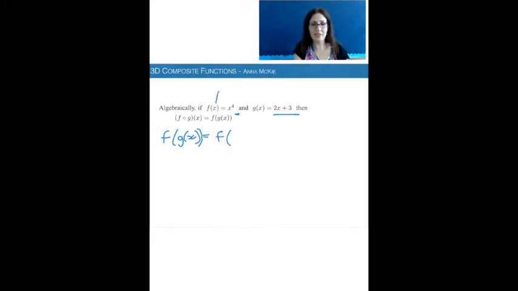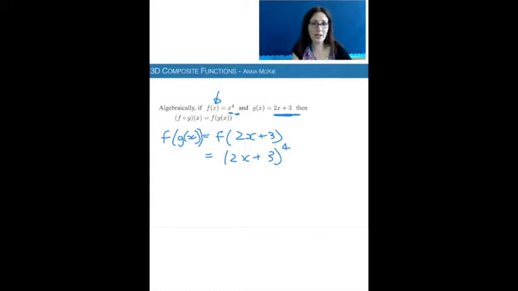So usually f is followed by an x, but instead of x, we're going to put in the whole of the g formula, which is 2x plus 3. So essentially we're substituting in an expression, 2x plus 3, as opposed to substituting in a number. So it works exactly the same way. Where you see an x, you put in that expression. So we then have 2x plus 3 all to the power of 4.